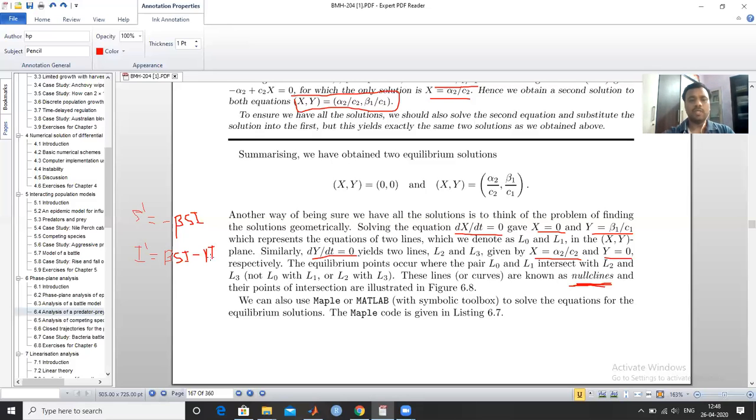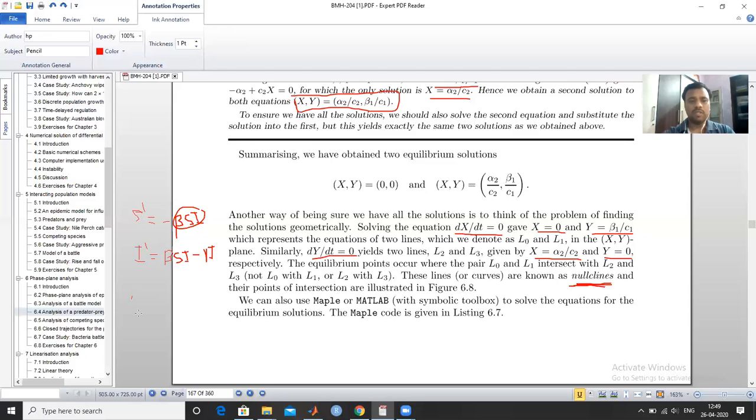So if you put S dash is equal to 0, meaning you are putting the whole equation equal to 0, then you will get S is equal to 0 and I is equal to 0. And if you put I dash is equal to 0, then you get I is equal to 0 and S is equal to gamma by beta.